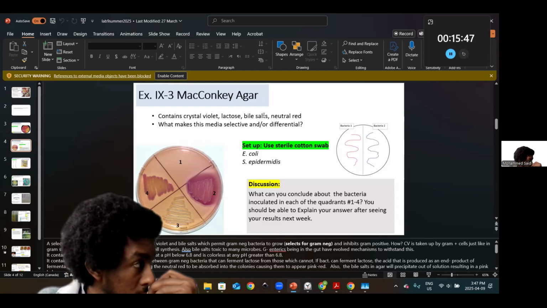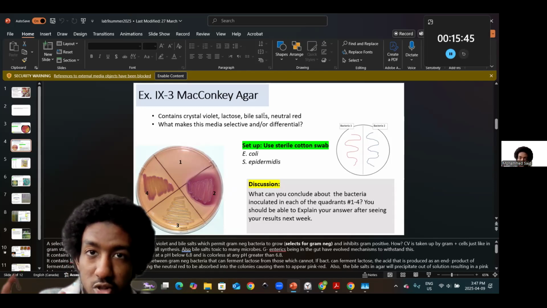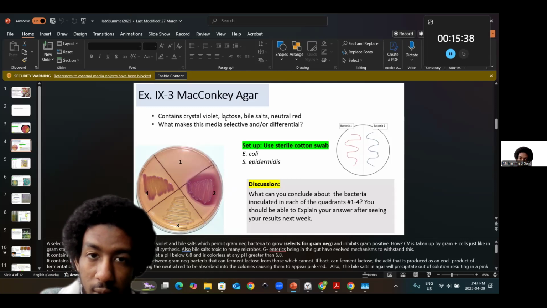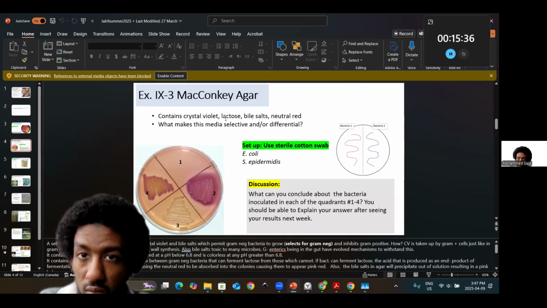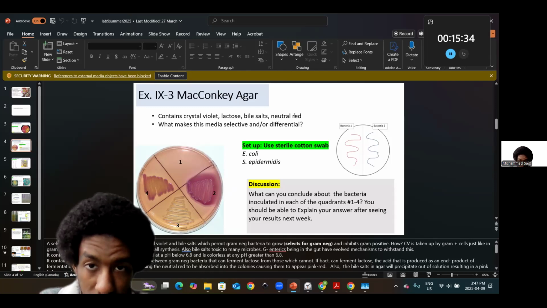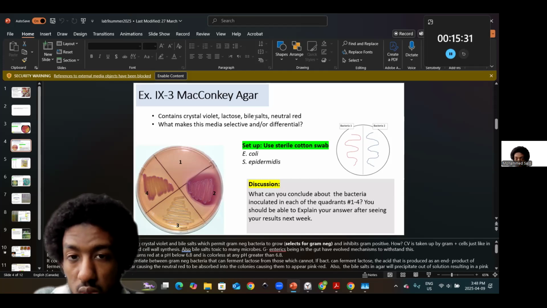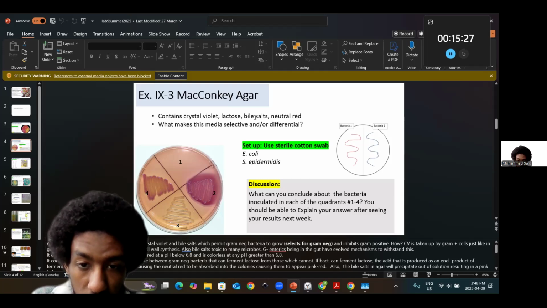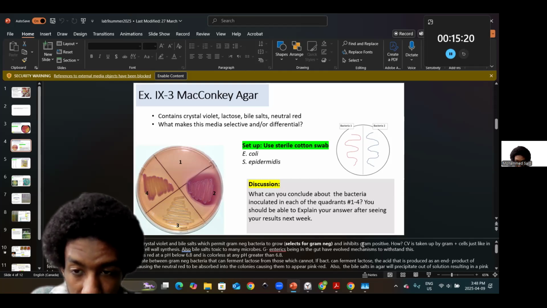So think about it like this. You have a dye that is differential, right? Differentiating, as we saw, gram-positive and gram-negative bacteria. Lactose is a sugar, and that also serves a differential purpose with neutral red. And then you have bile salts, which is selective, right? Selectable for only certain types of bacteria to grow, right? Interestingly here, it actually inhibits gram-positive bacteria, with crystal violet being taken up by gram-positive bacteria, right?